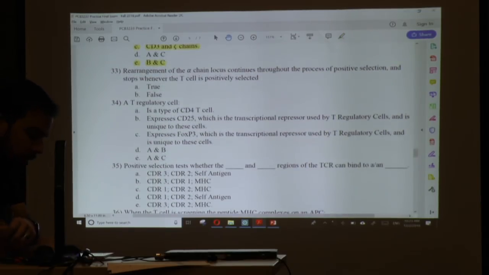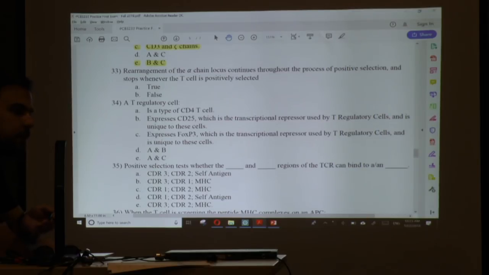All right. Rearrangement of the alpha chain locus continues throughout the process of positive selection and stops whenever a T cell is positively selected. This is true, and it's because, remember, positive selection happens right after alpha chain rearrangement, right? And in positive selection, as a T cell, you're just testing whether you can recognize MHCs.